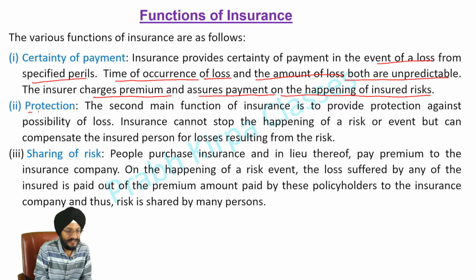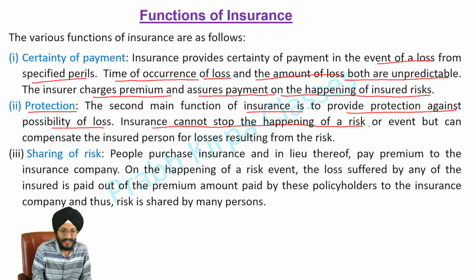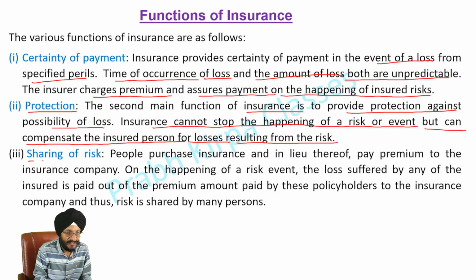Second function is protection. The second main function of insurance is to provide protection against possibility of loss. Insurance company cannot stop the happening of a risk or event, but can compensate the insured person for losses resulting from the risk. Third function is sharing of risk.